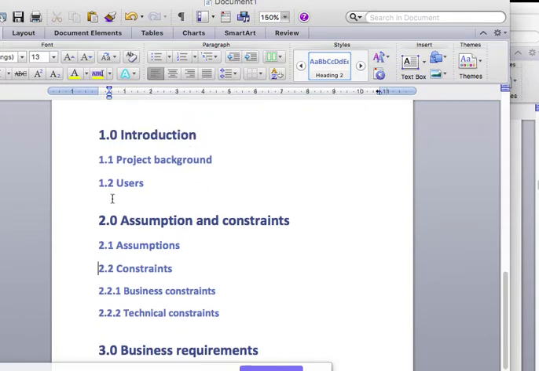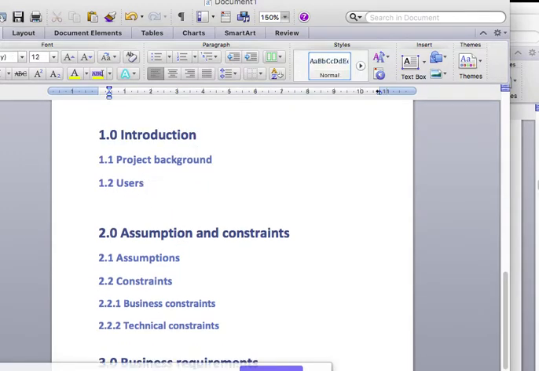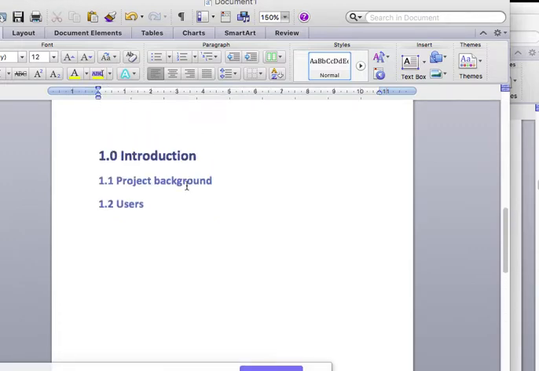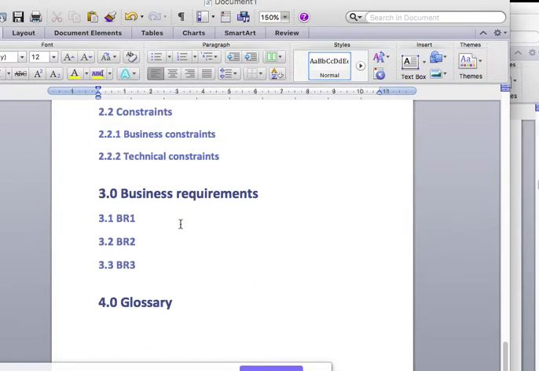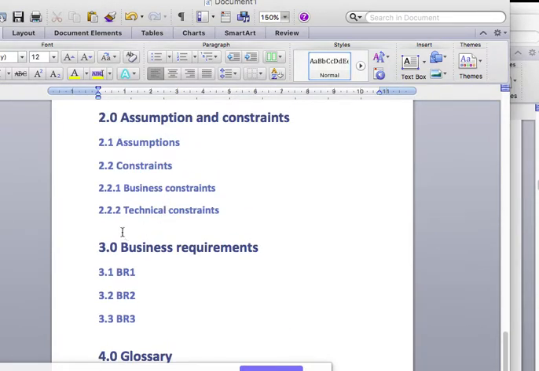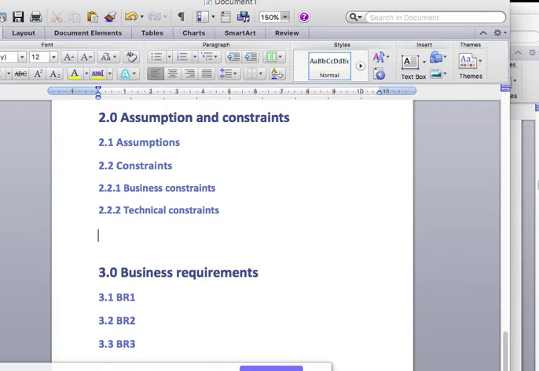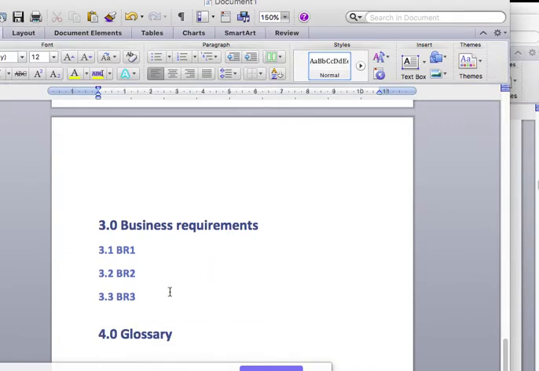Now the information will not be on the same page, so let's take them to the next page. I'm inserting the page break. Introduction is one page, this is on the second page, assumption and constraint, we'll take this as the third page. Another page break, and now we can take glossary on the next page.